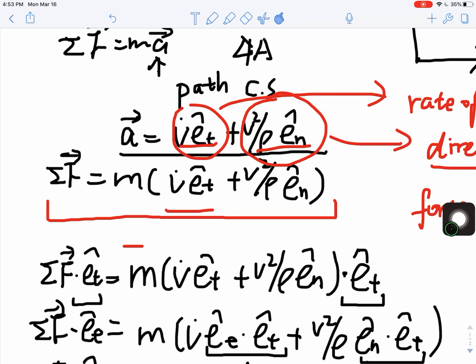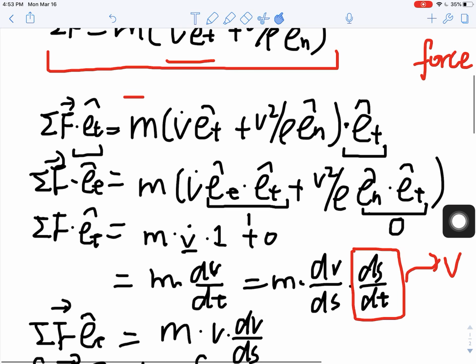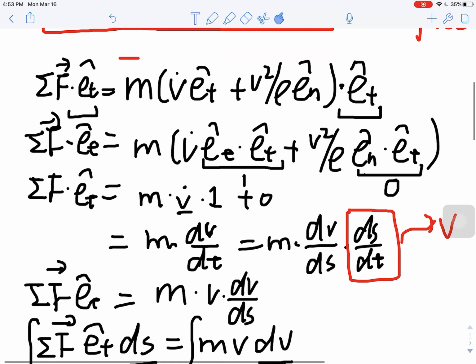Once you dot product with this unit vector, you transform the whole equation into a scalar equation, because the dot product gets rid of the unit vector, including in the acceleration.